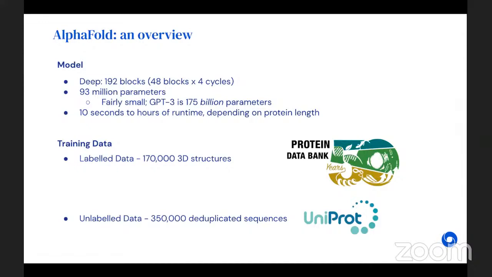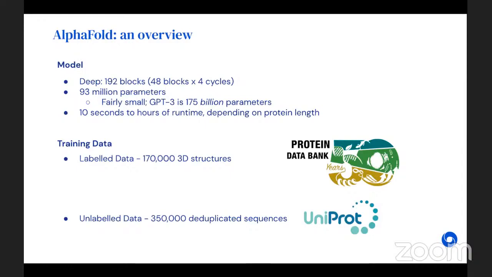So let me first give some sort of high-level overview of what AlphaFold is as a model. One thing about it is it's quite a deep model. It has 192 blocks, which is 84 parametric blocks, and then we run it like a recurrent network 4 times. But it's also quite a small network by today's standard.